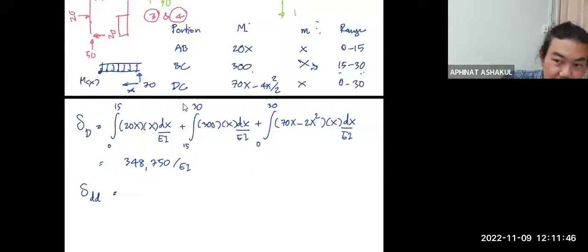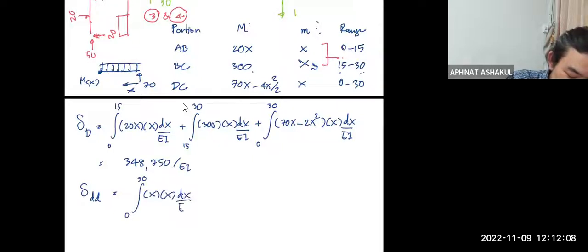Now this is when the actual and the virtual are identical. So we can just go ahead, and you see that's a benefit of having the same equation. I suffered the range, but when it comes to the integration of the virtual load, I can just wrap it up 0 to 30, x and x dx over EI. Can you see that?